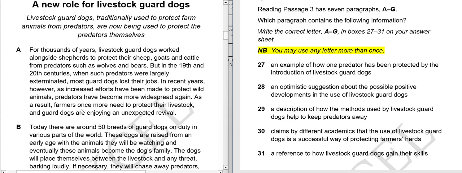So the first paragraph: For thousands of years, livestock guard dogs worked alongside shepherds to protect their sheep, goats and cattle from predators such as wolves and bears.